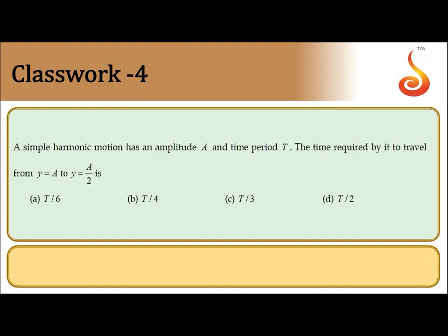So since it starts from the amplitude, that is extreme position, let us take cosine function for this. So y is equal to a cos omega t. So at t is equal to 0, y is equal to a. Now it has to come to a by 2. So y is equal to a by 2. If you put a by 2 is equal to a cos omega t.